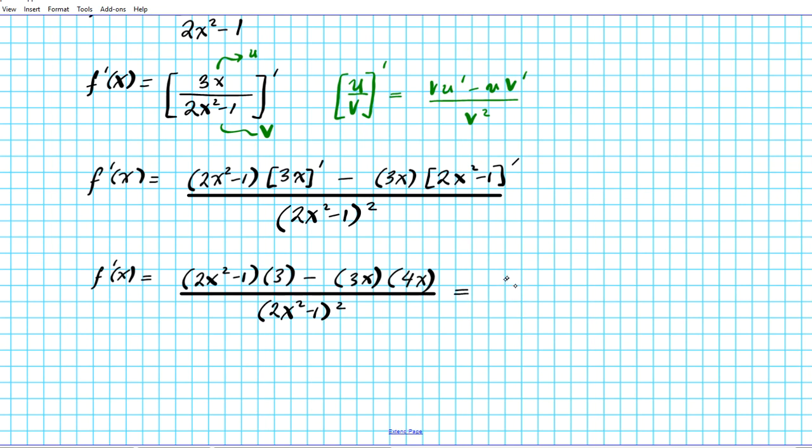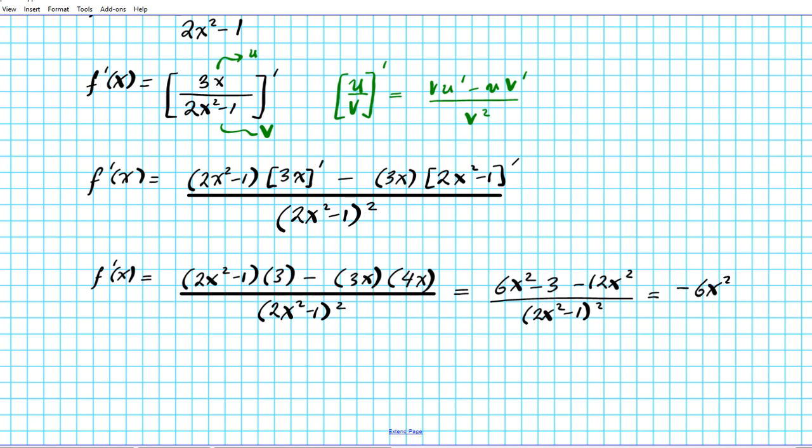Distribute the 3. You have 6x squared minus 3. And then minus 3x times 4x is minus 12x squared. And that whole thing divided by quantity 2x squared minus 1 squared. We can combine 6x squared and negative 12x squared, like terms.